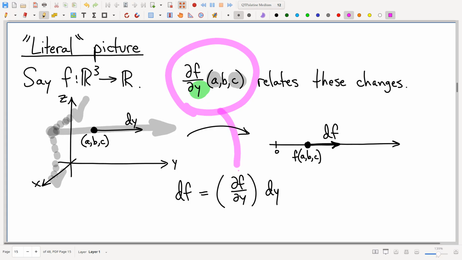Well, the derivative is the thing that you multiply by input changes to get output changes. So in this literal picture interpretation, y partials you interpret as: for a per unit distance that you go in the y direction, by what factor do you move more or less in the output?